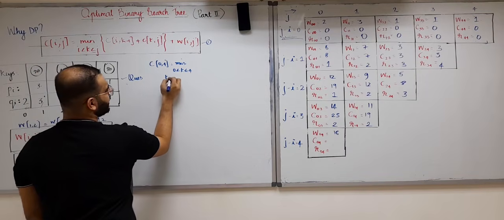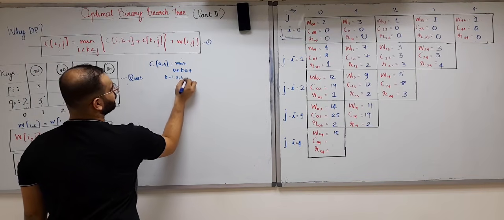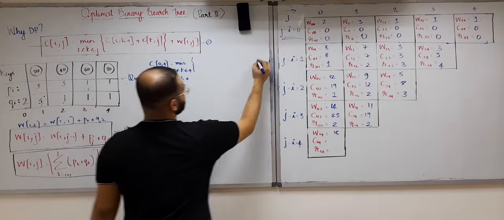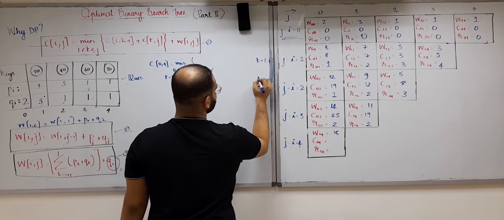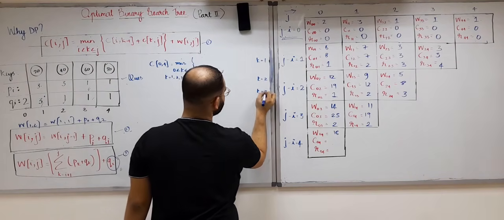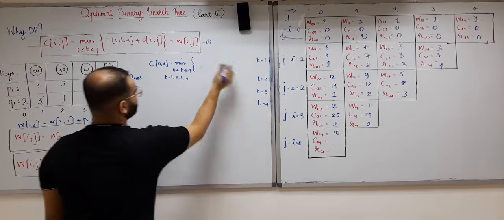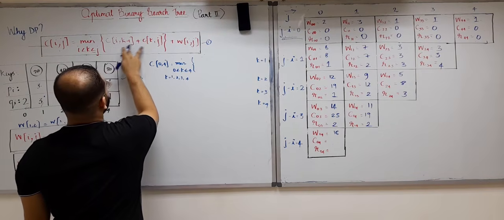Obviously k will have 4 values, that is 1, 2, 3 and 4. So here we will write down those terms.